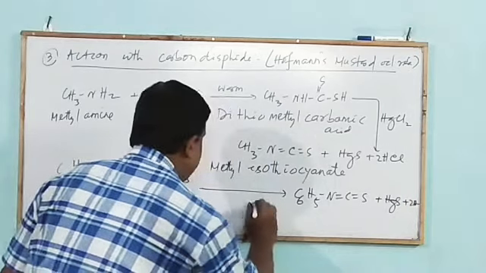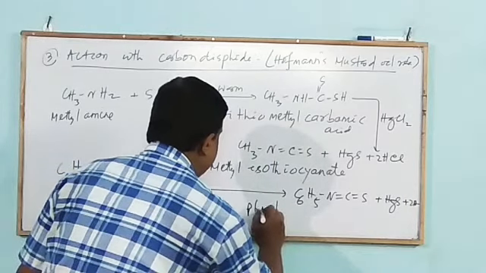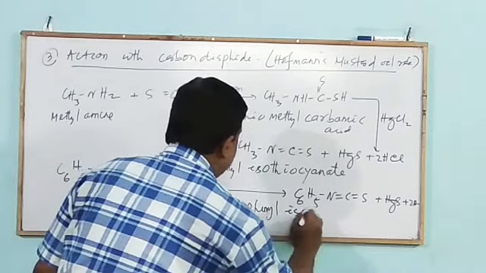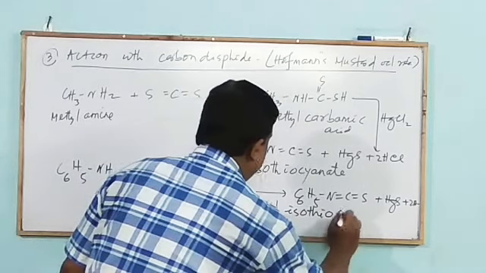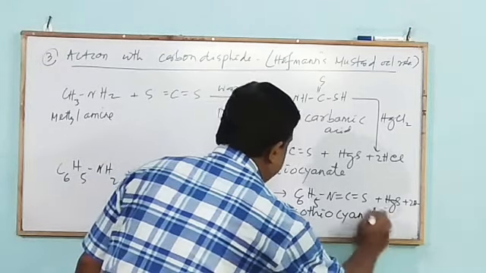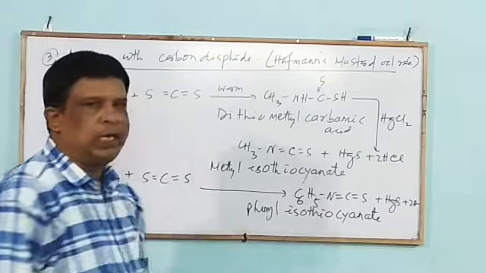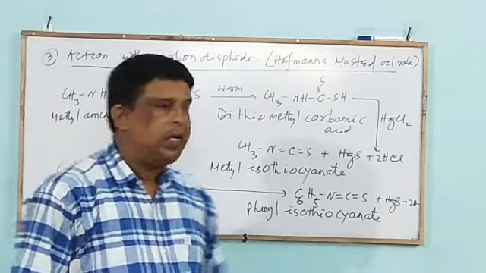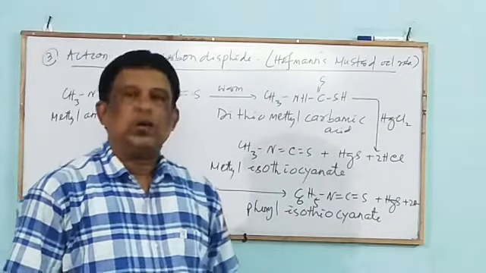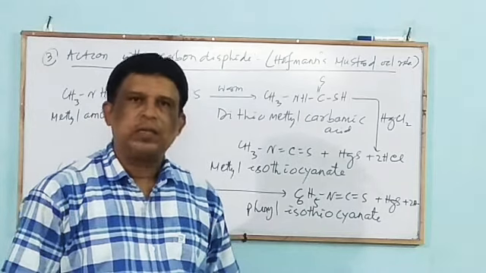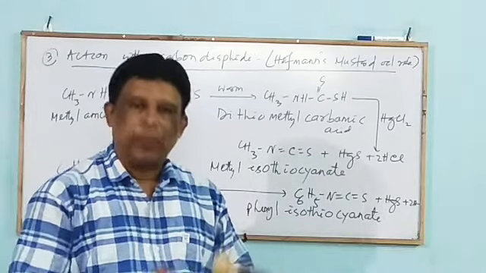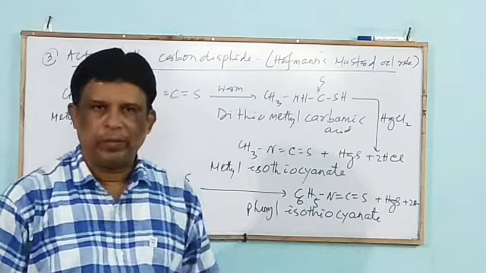Its name is phenyl isothiocyanate. Smell like that of mustard oil. I repeat again, it is an important reaction which is used to distinguish, identify primary amine from other amines.